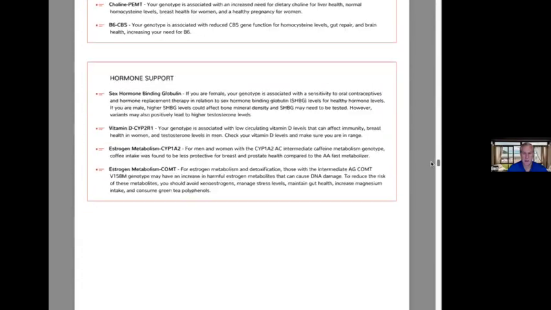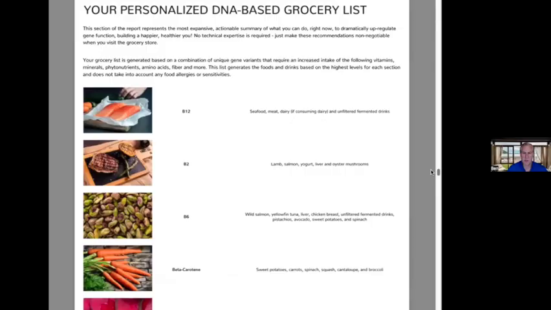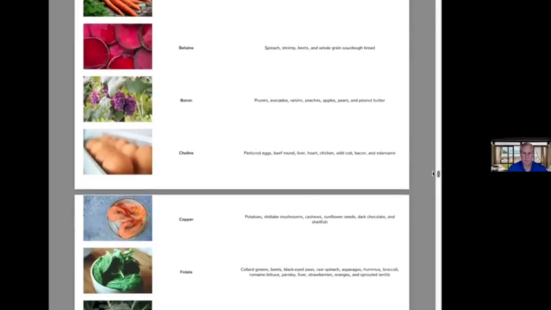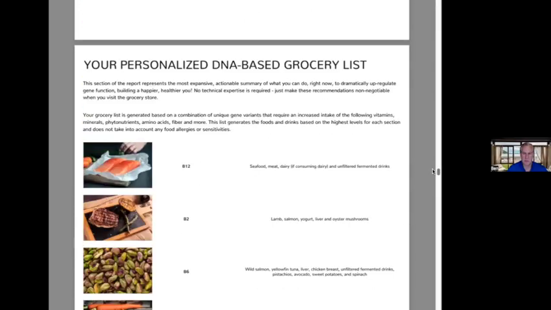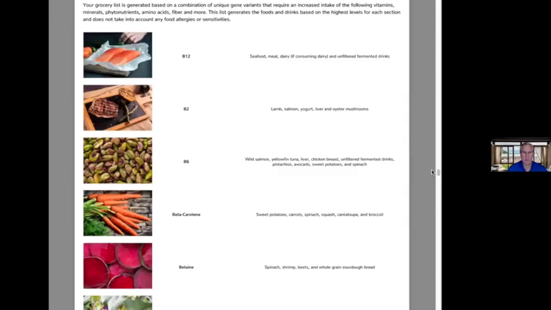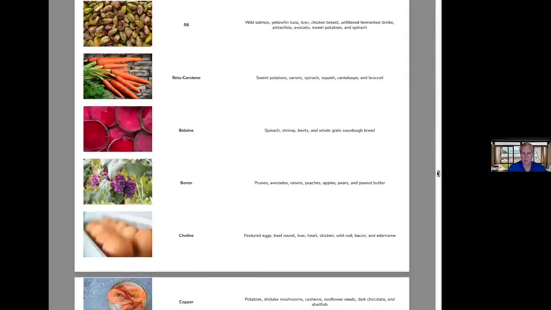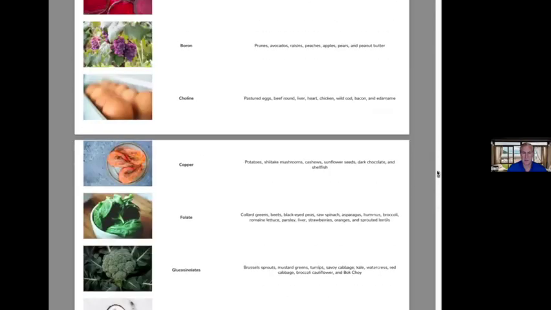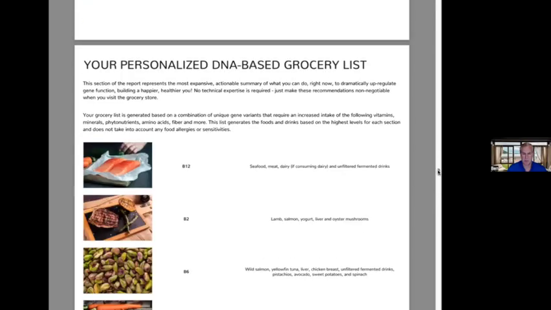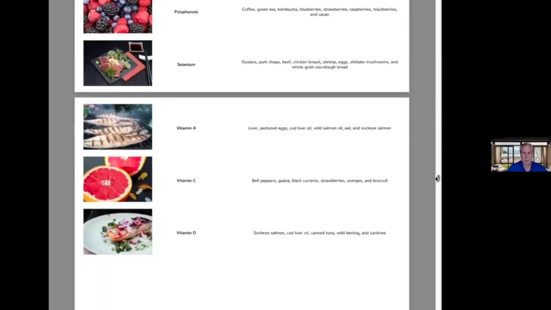Then we get into our foods that we talked about earlier, our personalized DNA grocery list, which you definitely want to share with them. If they don't want the whole test, or you want to just print out a couple pages or email them, these 2 pages would be the most important. The DNA-based grocery list. 3 pages.